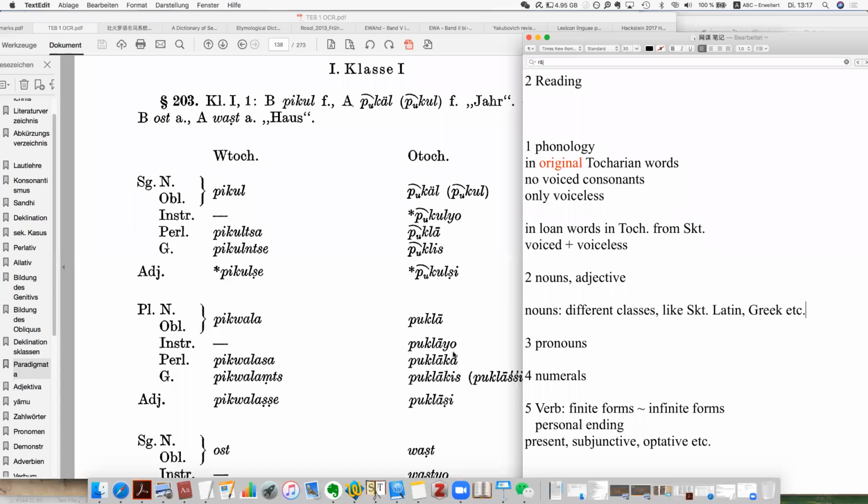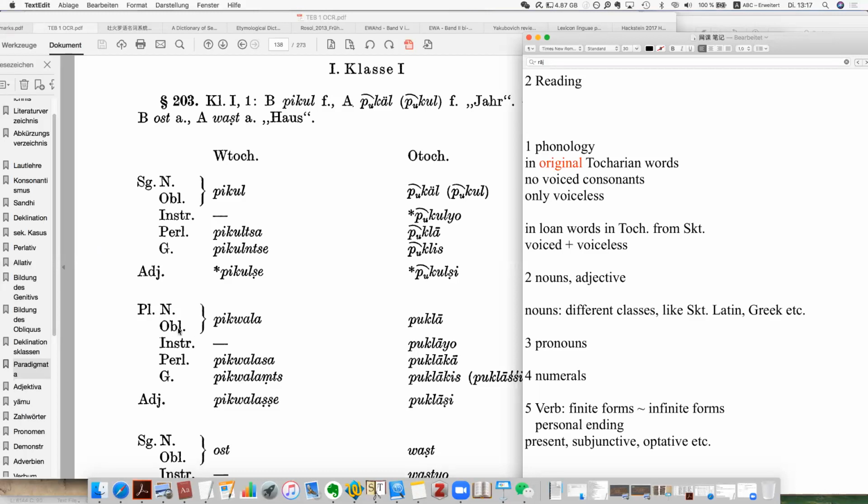But the criteria and how they divide the nouns into different classes is different. In Tocharian, we actually base our standard on the nominative plural, or actually they are the same, nominative accusative.